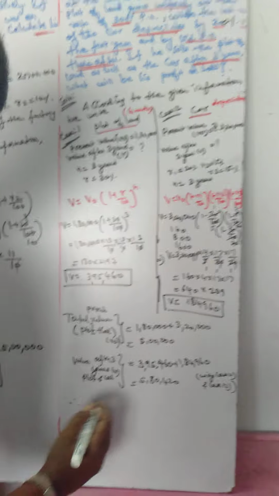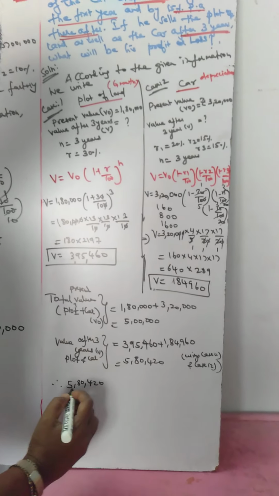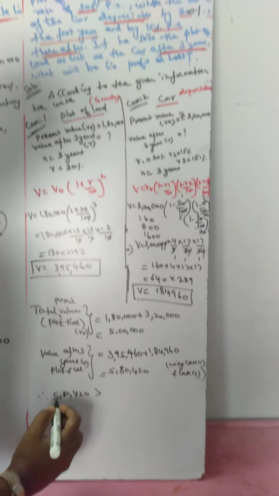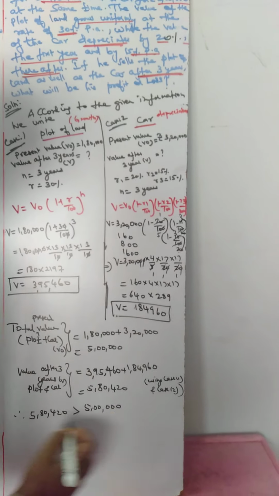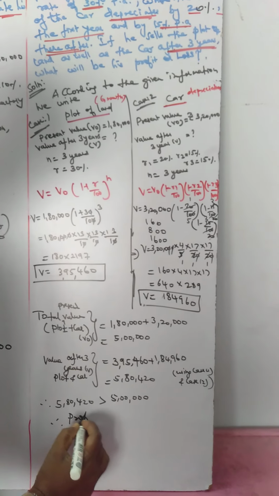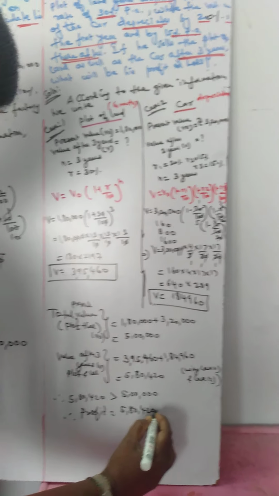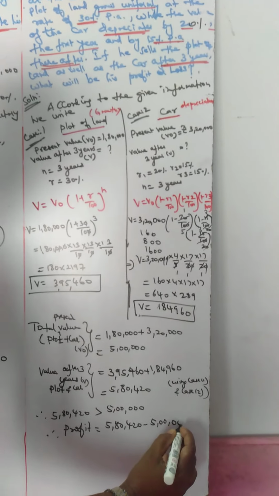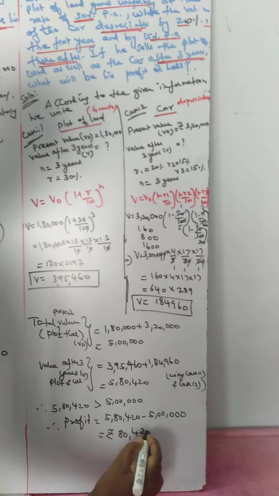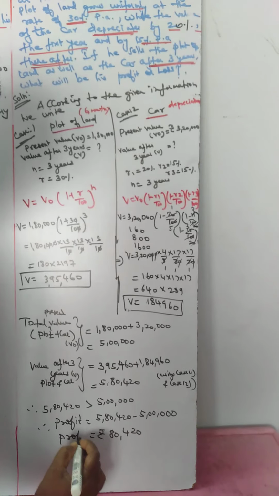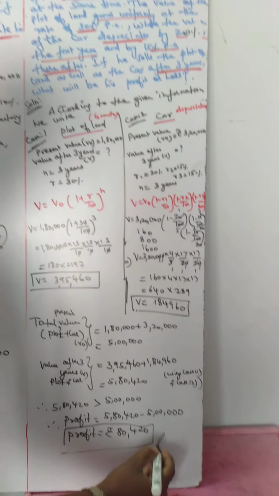So therefore, since 5,80,420 is greater than 5 lakh, profit is equal to 5,80,420 minus 5 lakh, which is equal to rupees 80,420. This is the solution for this question.